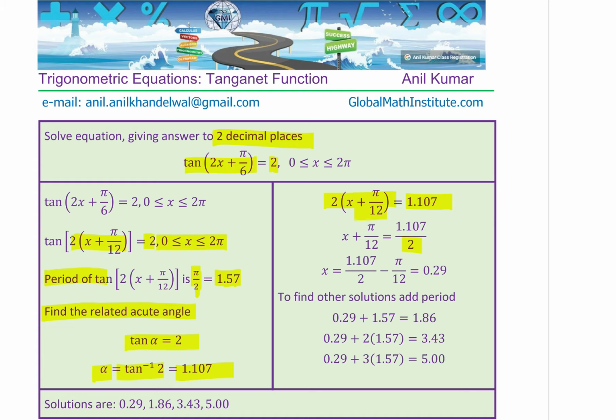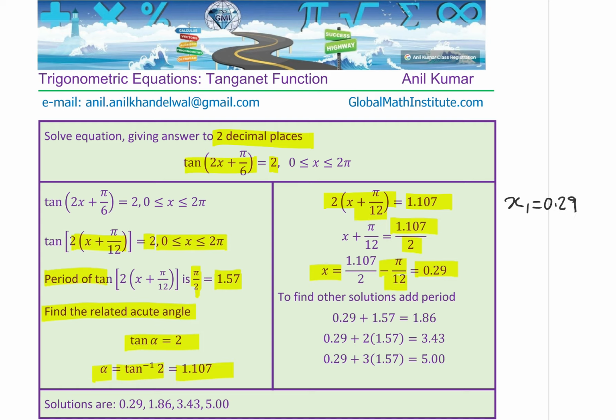So we get x + pi/12 equals 1.107 divided by 2. Then we take away pi/12, which is 0.26, to give us the answer as 0.29. So we got the first value, x1, as 0.29. Is that clear to you?